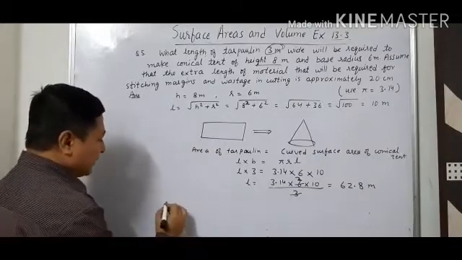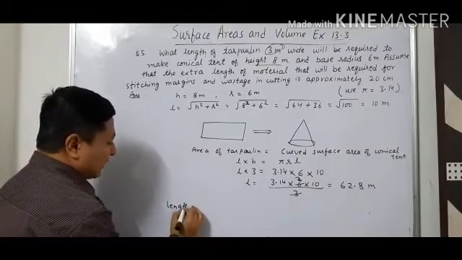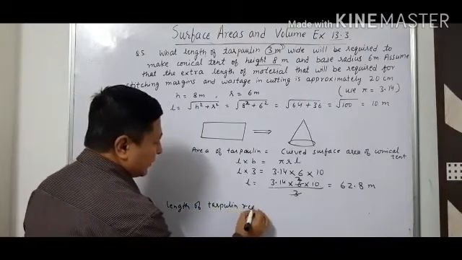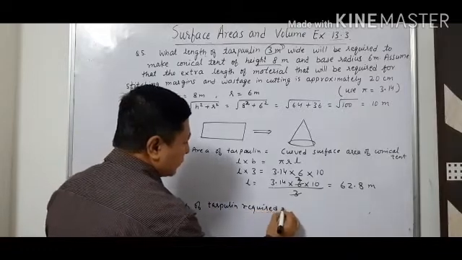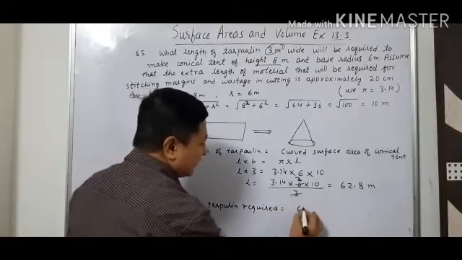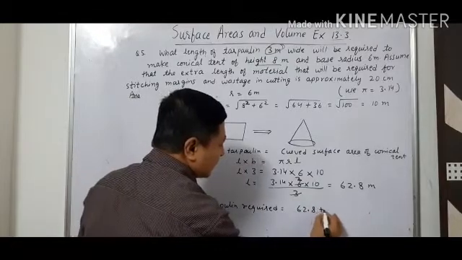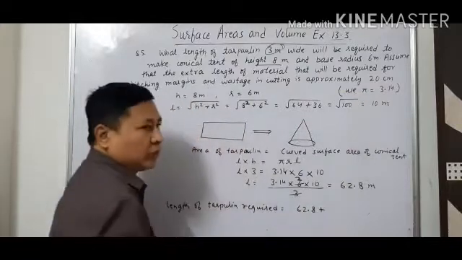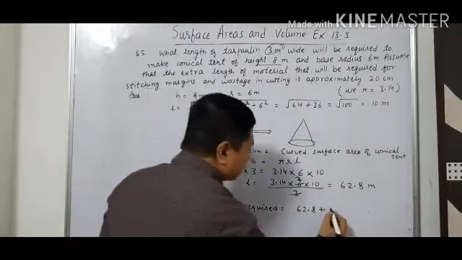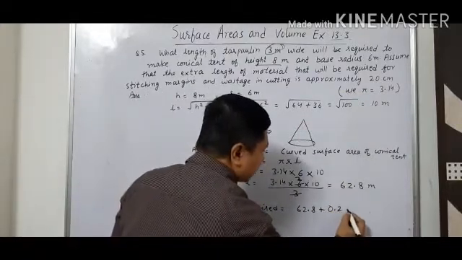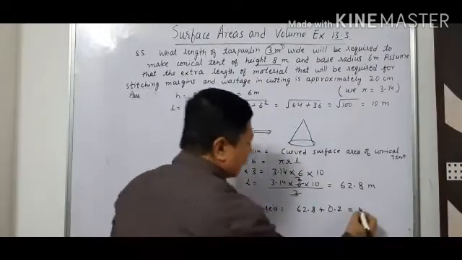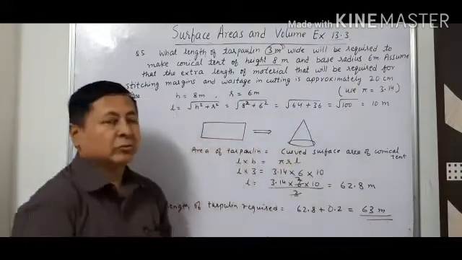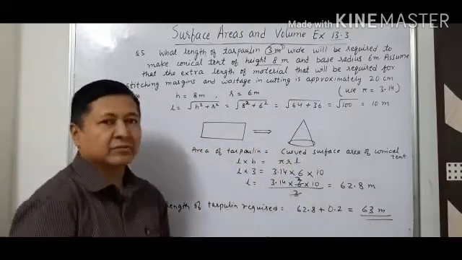So length of tarpaulin required is 62.8 plus 0.2, and we get 63 meter. So the total length of tarpaulin required to make the conical tent is 63 meter.